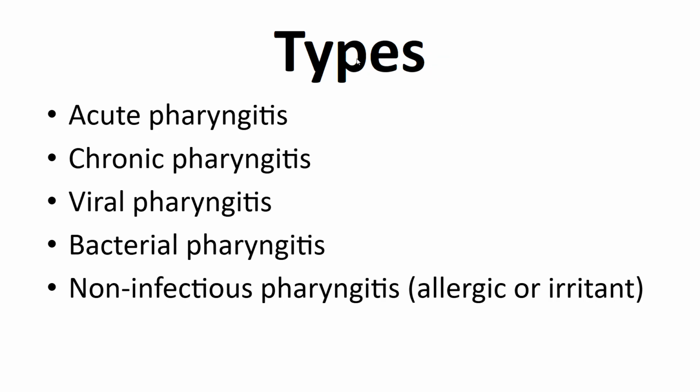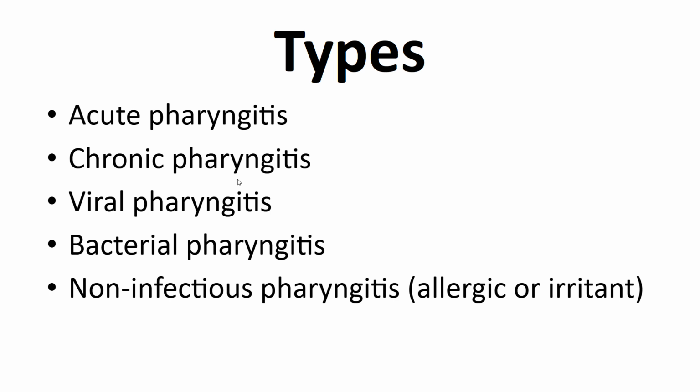Types of pharyngitis: acute pharyngitis. It is rapid onset inflammation of the pharynx. Generally, it lasts for 3 to 10 days, and mostly it can be the symptom of an underlying condition.